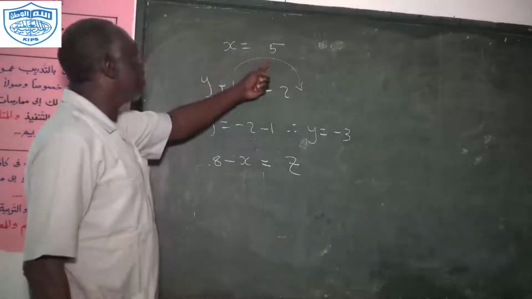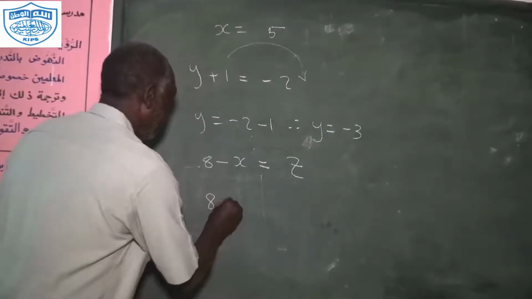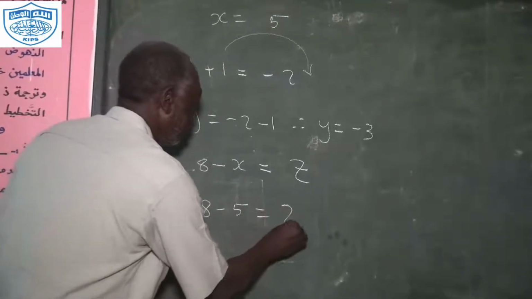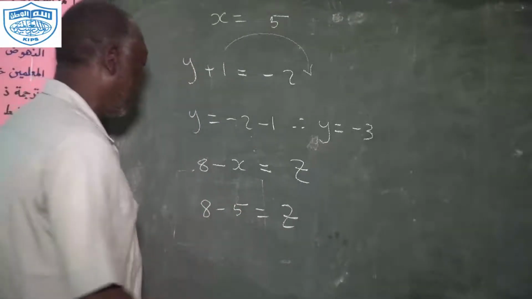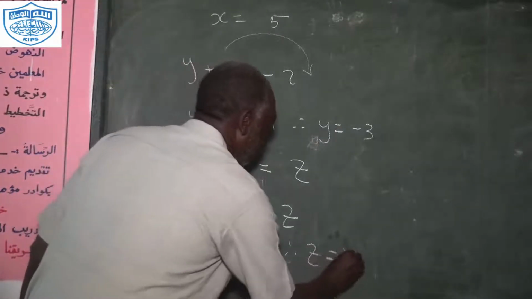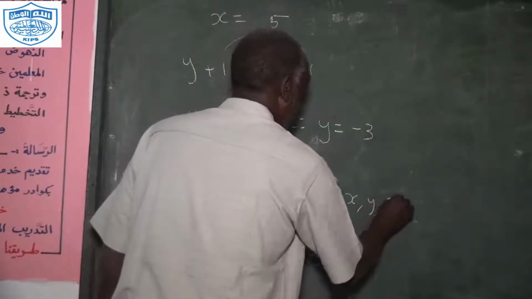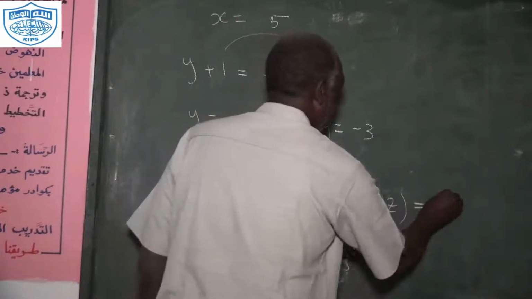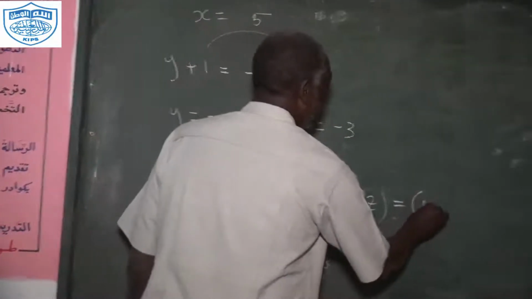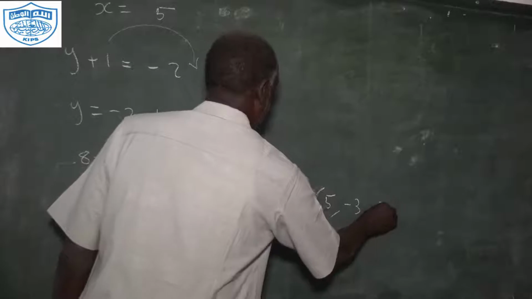Since x equals 5, we substitute the value of x here. So 8 minus 5 equals z. When you subtract 5 from 8, it equals 3, so z equals 3. Therefore, x, y, and z equal 5, negative 3, and 3.